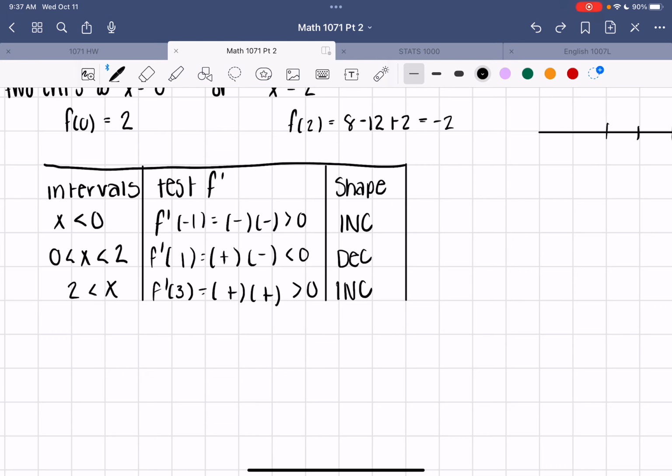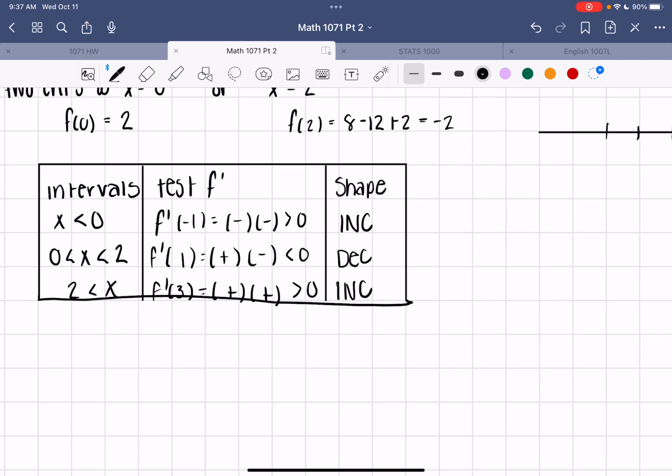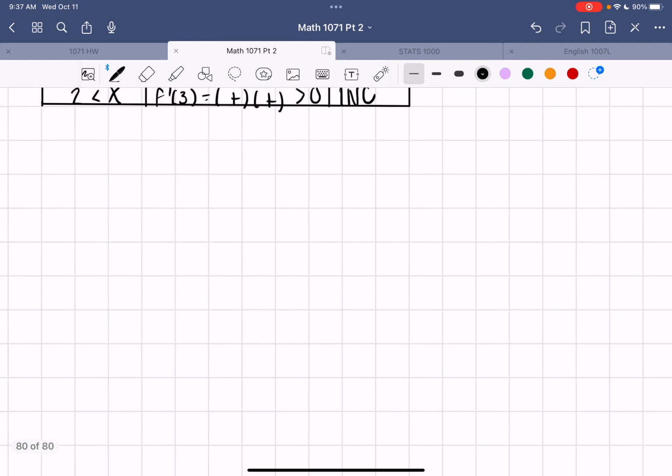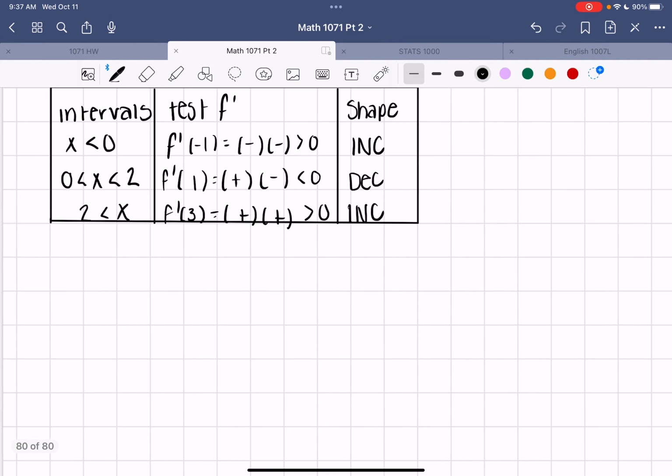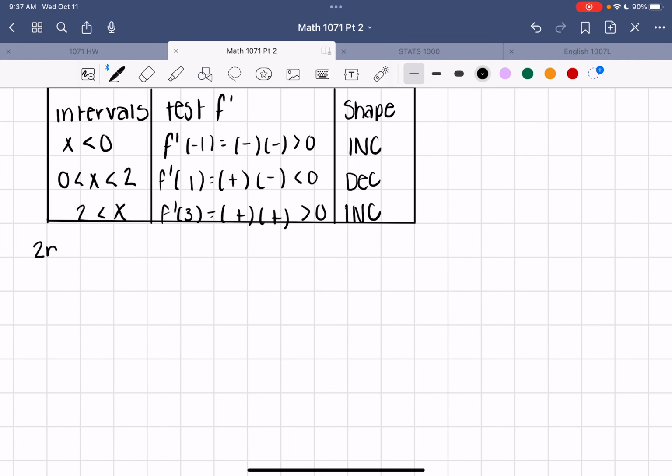Are we okay? 6x minus 6 is 0, so x is 1. That means you got 2 concavity intervals, over which we're going to test the second derivative at one point to conclude something about concavity.